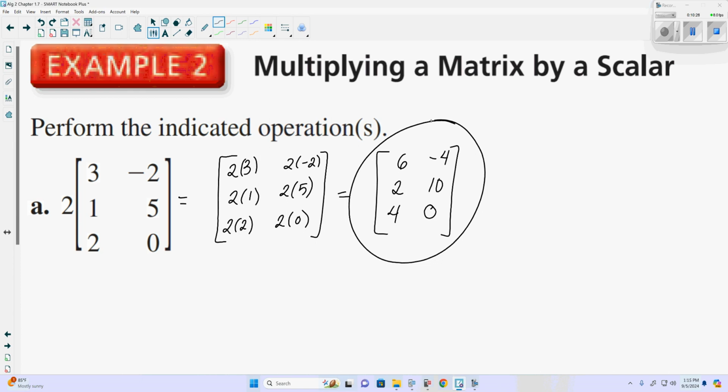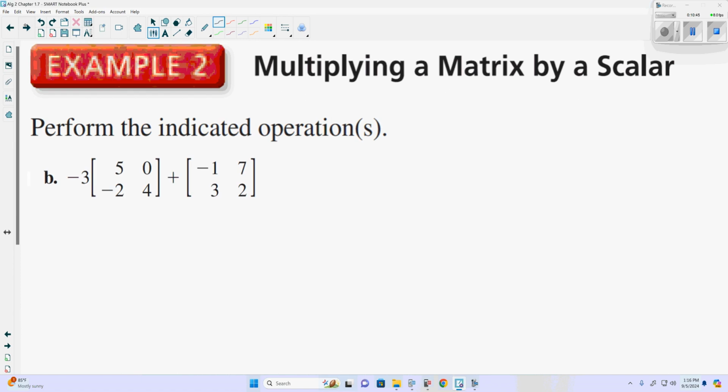How do we feel about scalar multiplication? All right. There are more of those that we can do, but I feel like let's jump into the next part.